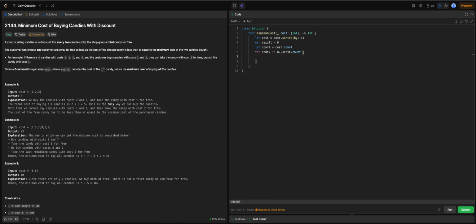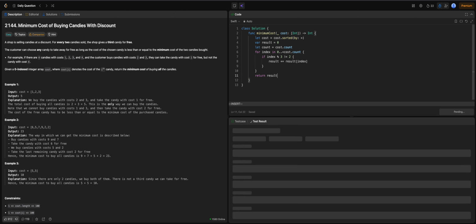And then what we can do is maybe just do the same mathematics in here. Let's consider if index's remainder is not equal to 2, we will append the result with the cost of index, and then we can just return the result here.